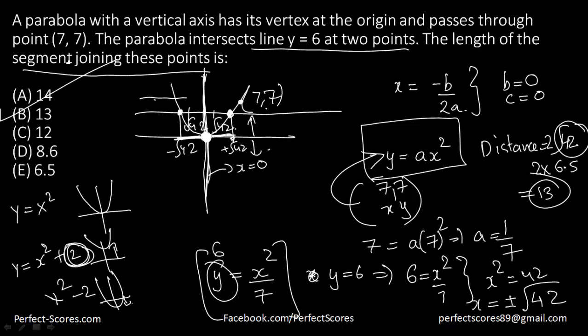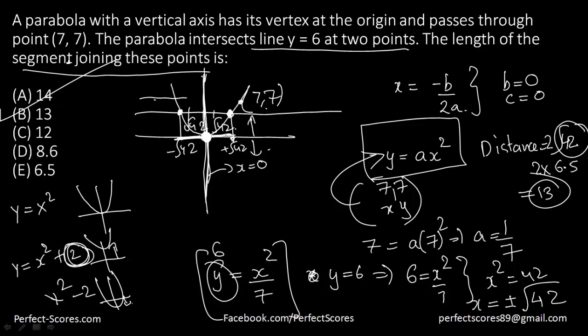So I hope you're able to understand what I'm trying to say here, guys. What I established here is that if the vertex is at the origin, the value of b is 0 and the value of c is 0, and the quadratic function just stays y is equal to ax square. We're going to be doing that in depth in the transformation videos, and it passes through 7 comma 7. When x is 7, y is 7, and from here we got the value of a.